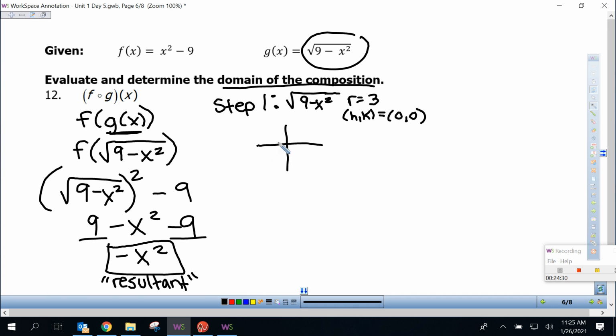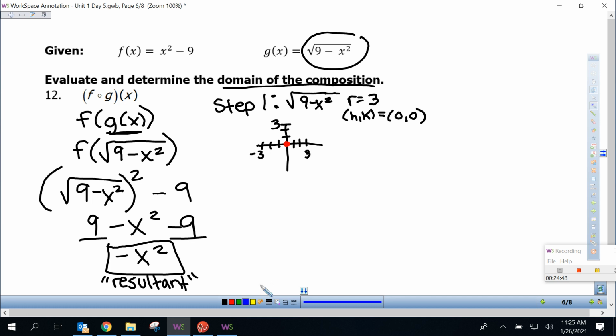So this is just a sketch, not going to do anything fancy. So the center of our circle is 0, 0. And what did we say that radius was? 3. And on this semicircle, are we drawing the top half or the bottom half? Top half.